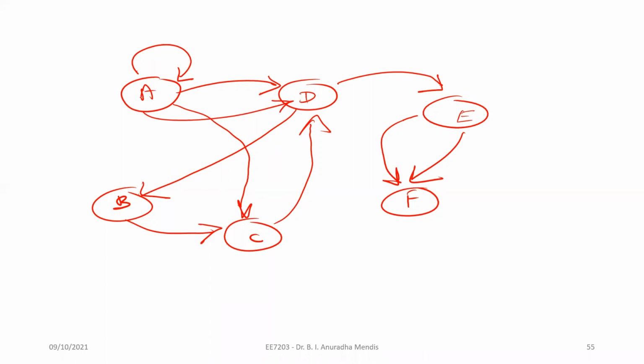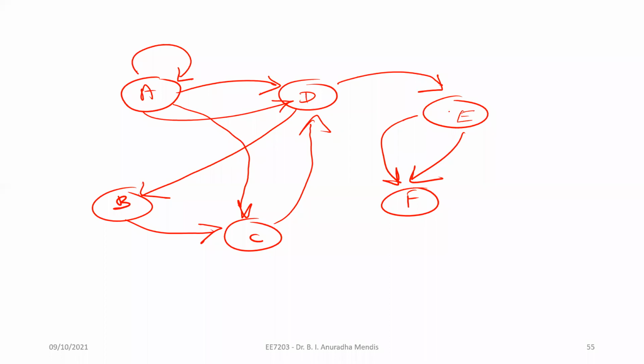If you are at A, how do you go to B? You can go to D and then go to B. So from any state you can reach all the states with n-step probability greater than 0. But if you are at E, can you go to A?